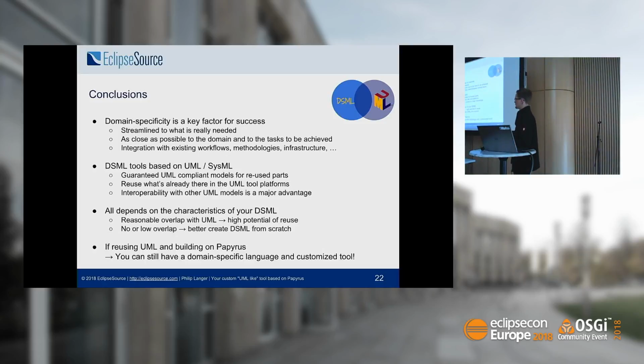Another good advantage of it is that if you use UML as a base language, the interoperability is increased a lot. So, for instance, if you imagine two groups of your organization start building their own modeling tool, and both create the domain-specific modeling language, it's very hard to integrate that at some point when you find out, this part of the organization could reuse certain parts of this other model that has been created.